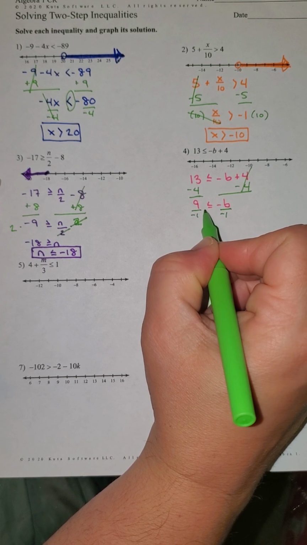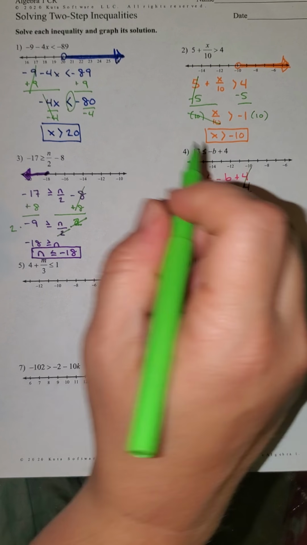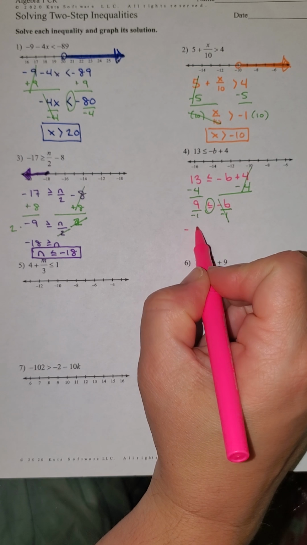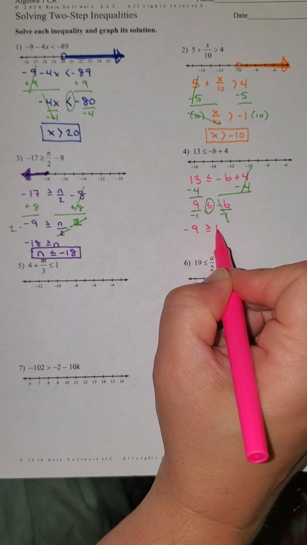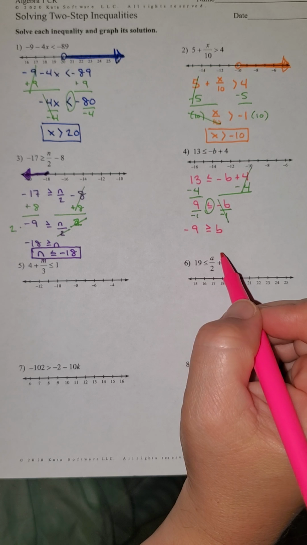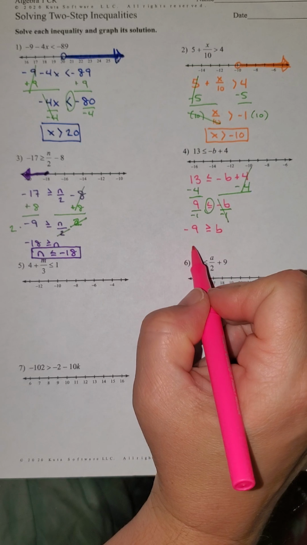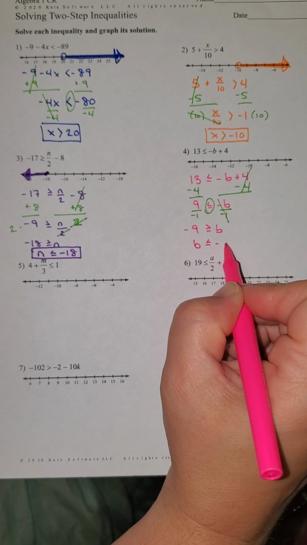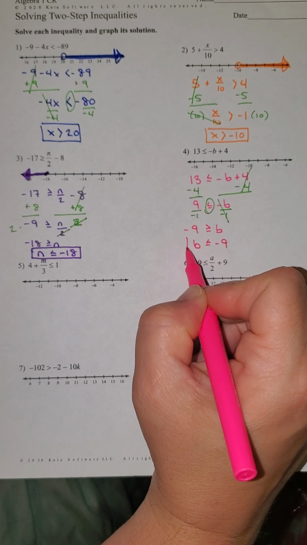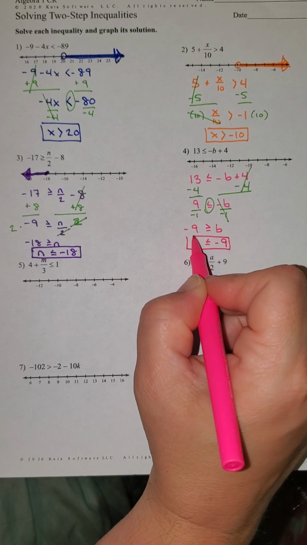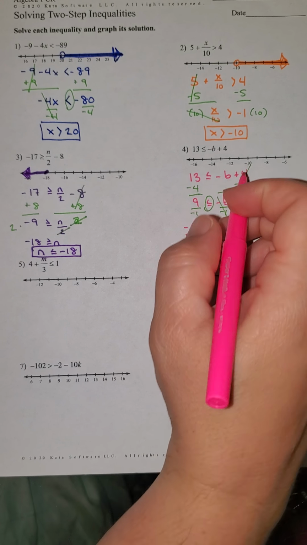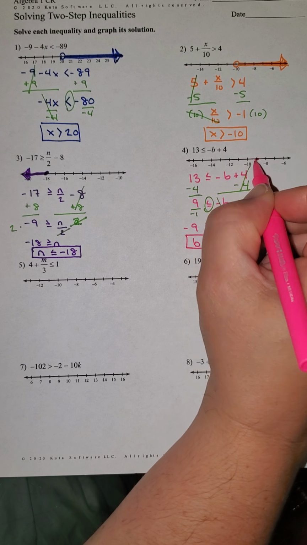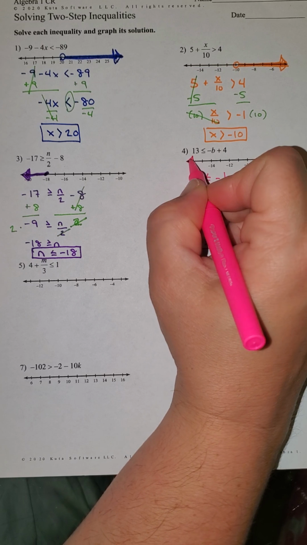And when you divide by a negative, that still switches. So you're going to have negative 9 being greater than or equal to b, and then you've got to switch it again to get the b on the left. So you'll have b is less than or equal to negative 9. That's your answer. You'll have a solid dot at negative 9, and it'll be shaded to the left.